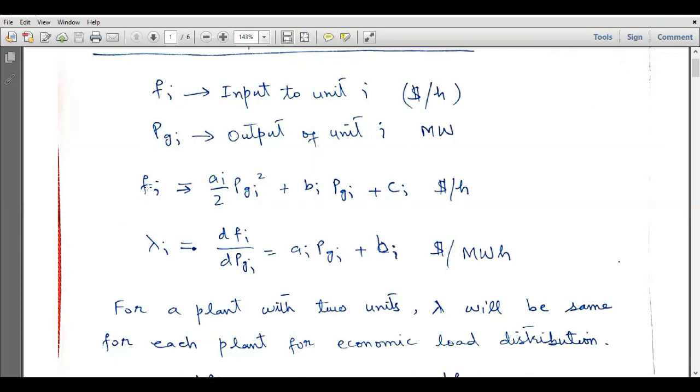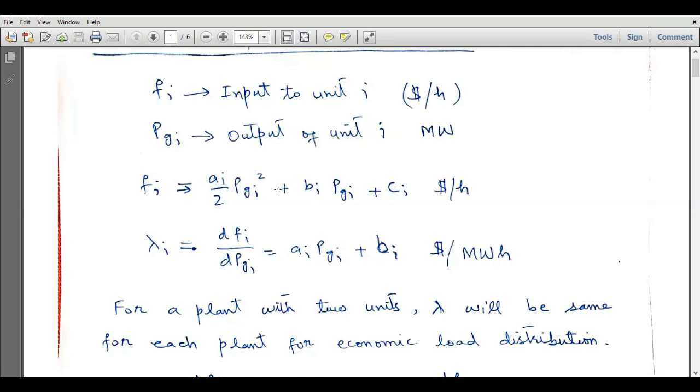The fuel cost function actually describes the variation of the fuel or variation of the consumption of the fuel with respect to the output power of the generator. So if we are getting more power from the generator, definitely the fuel consumption will also be high. So the cost in dollars per hour will also be high. So that trend can be represented by a first order polynomial, or by a second order polynomial, or by a third order polynomial.